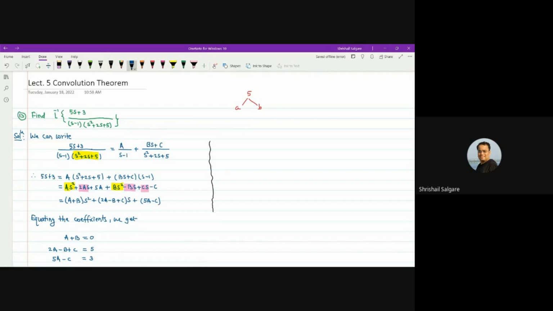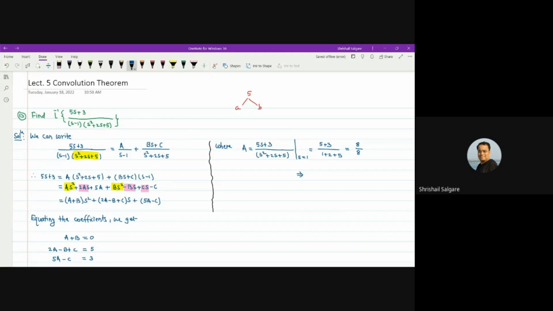Because A is a linear factor, A can be written as (5s + 3) divided by (s² + 2s + 5), evaluated at s = 1. That is (5 + 3) divided by (1 + 2 + 5), 8 divided by 8.